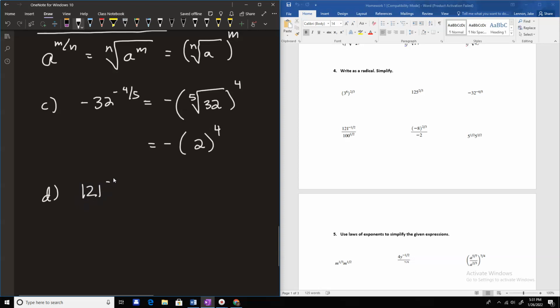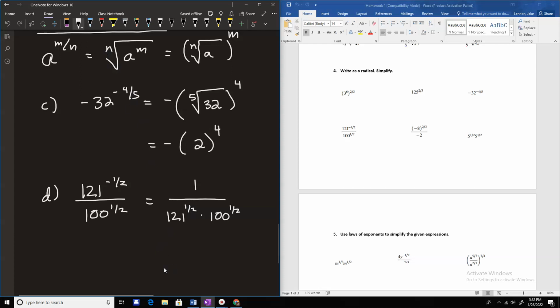121 to the negative 1/2 over 100 to the 1/2. So remember, the negative exponent means we can put it on the bottom, and it'll now be a positive. If we move it to the bottom, there will be nothing left on top, so we'll write a 1 there. Then it'll be 121 to the 1/2 and 100 to the 1/2. But we know 1/2 power just means square root.